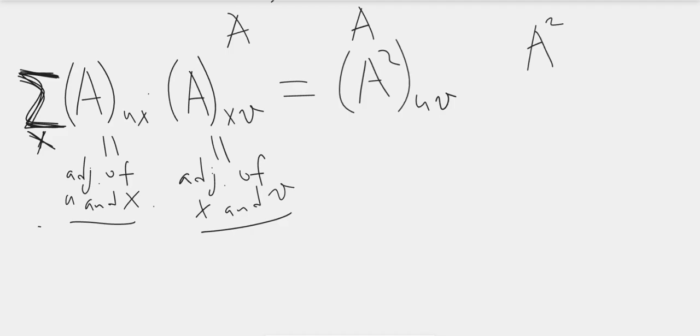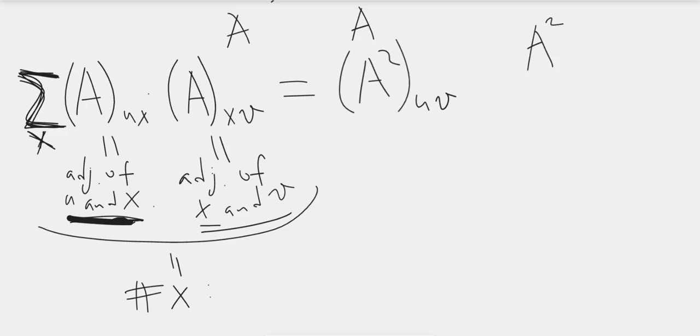So this whole sum would be equal to the number of x for which both of these multipliers is equal to 1.